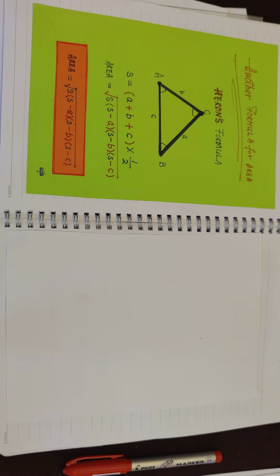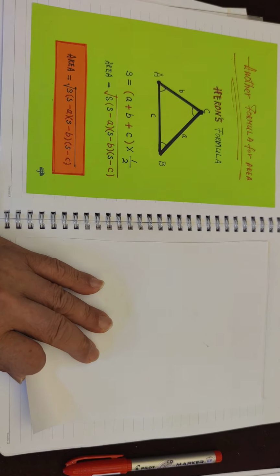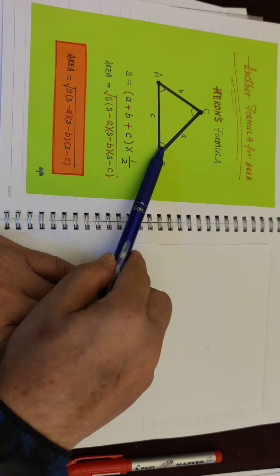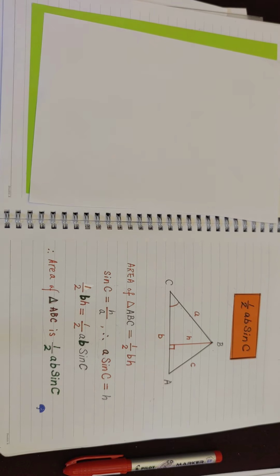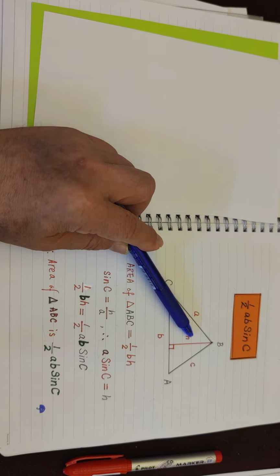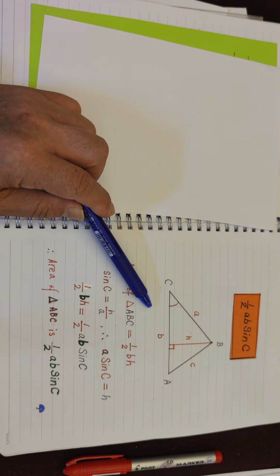Is that all? Not quite. There is also another formula for the area of a triangle: 1/2 ab sine C. As shown in the figure, h is the altitude, the height of the triangle, and b is the base.